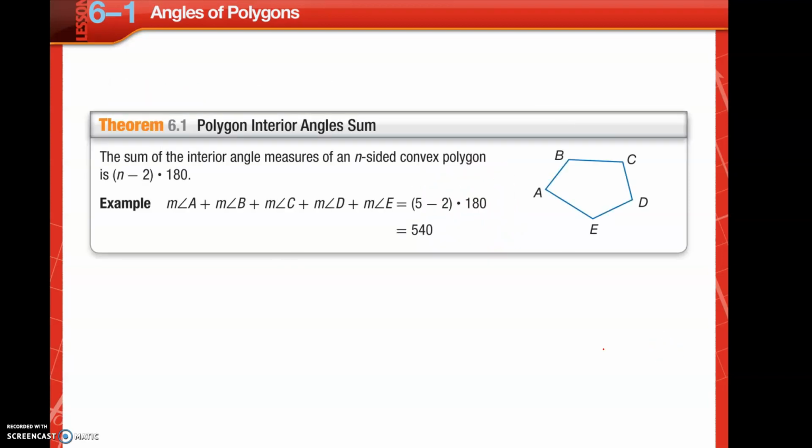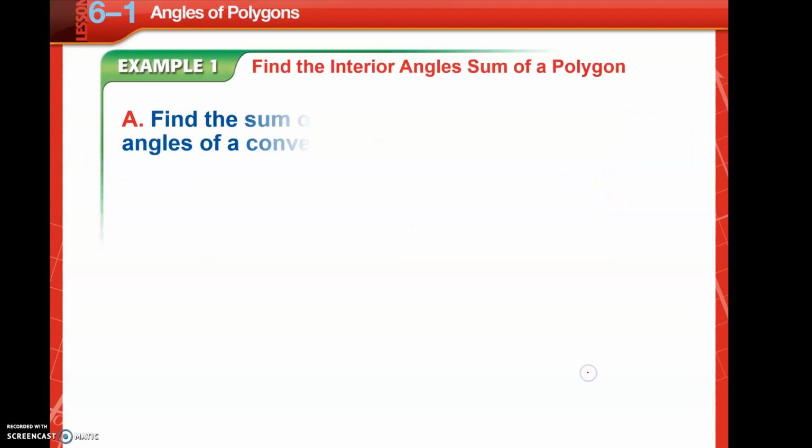From doing that and from the activity that we saw yesterday in class, we find that the sum of the measures of the interior angles is the number of sides minus 2 times 180. The reason is that if I draw the diagonals out, I see there's 3 triangles when I have 5 sides. So there's 2 fewer triangles than there are sides. So that's why we take that times 180.